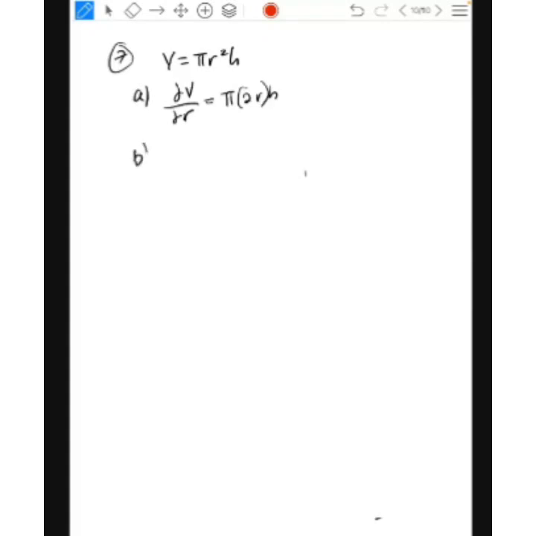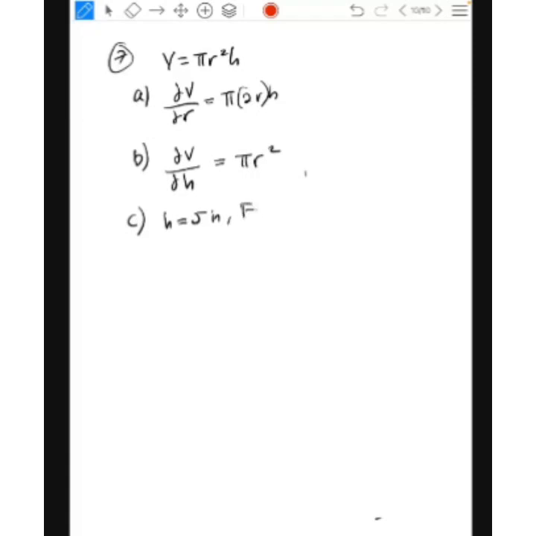And then B, find a formula for the rate of change of V with respect to h if h changes and r remains constant. So πr². Suppose that h has a constant value of 5 inch, and r varies.